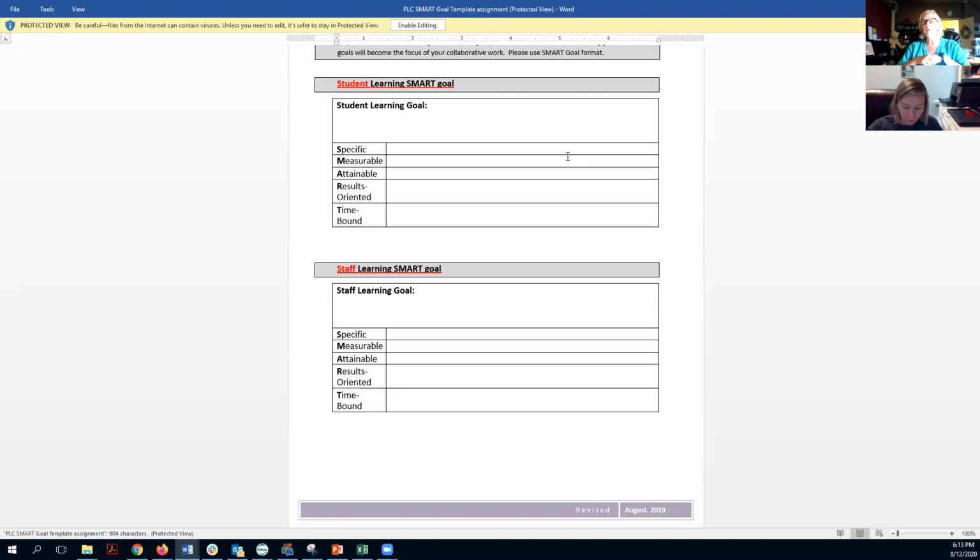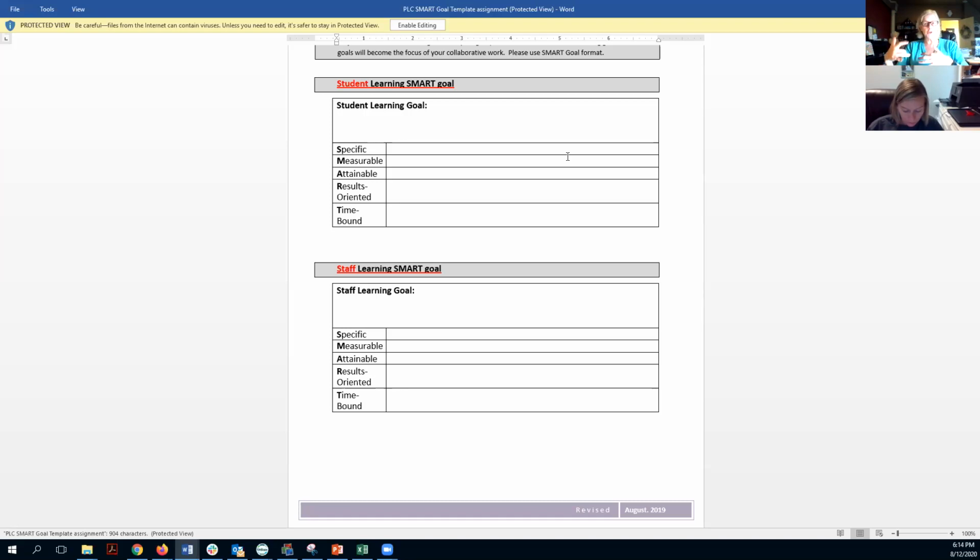So a lot of times when people write goals, they leave out one or more parts of this particular thing. So how do you make it specific, measurable, attainable, results oriented, and time bound? If you break your goal down into these specific areas, it will help you to come up with that final SMART goal. So for example, students, let's go back to my algebra.